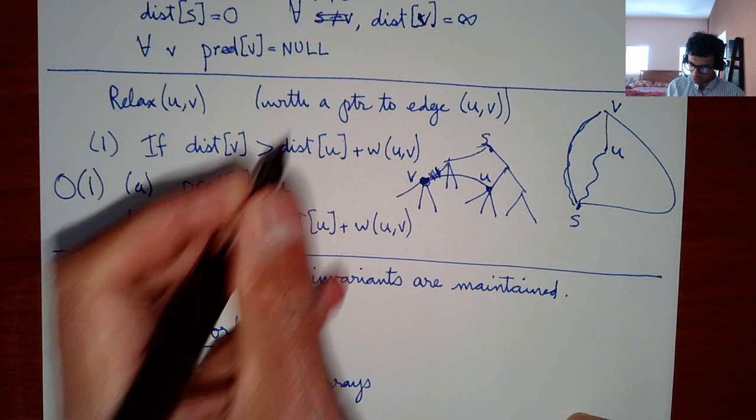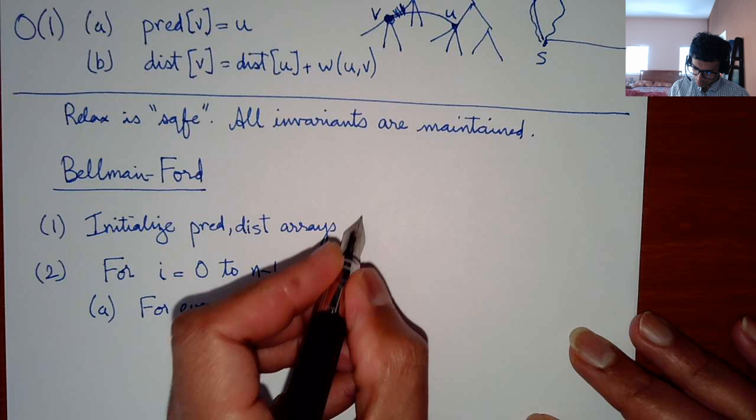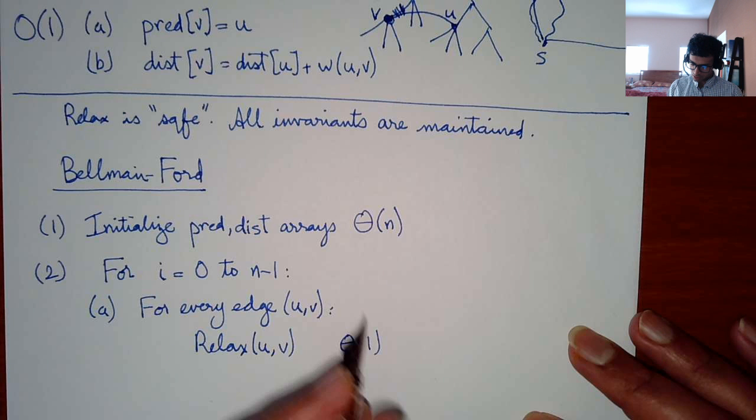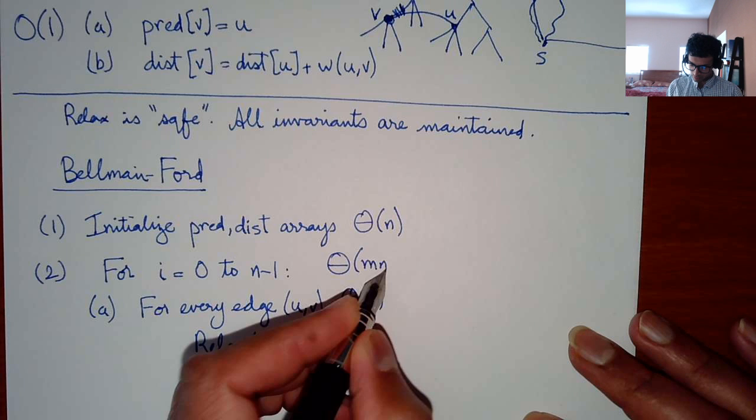Now the initialization over here can be done in theta of n. The relax is O of 1, or theta of 1. This step over here takes theta of m, and this takes theta of m times n. So Bellman-Ford runs in theta of mn running time.